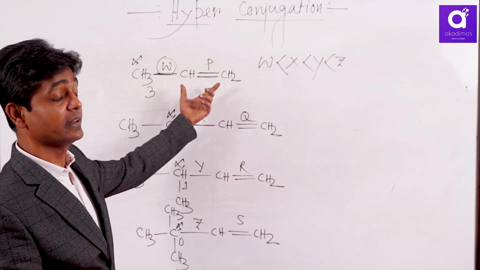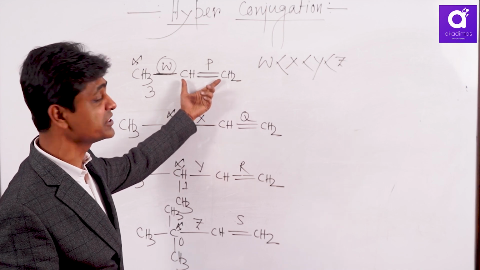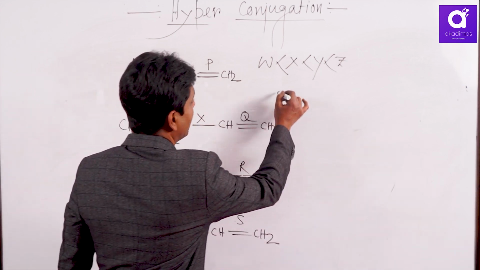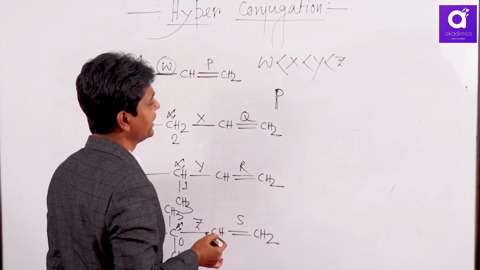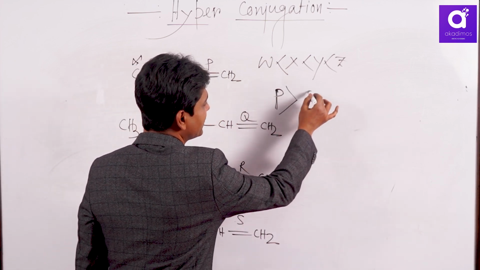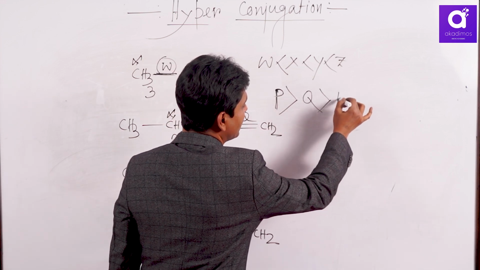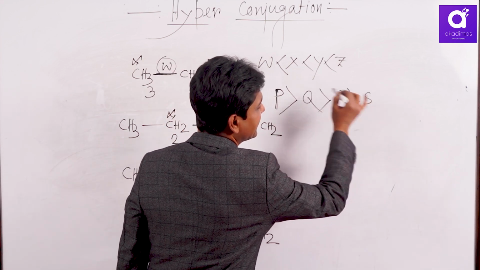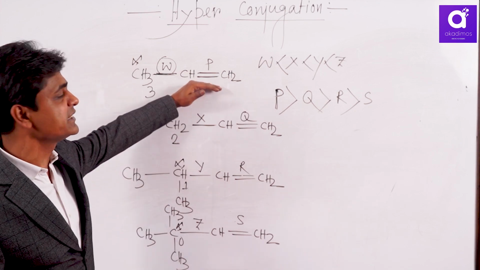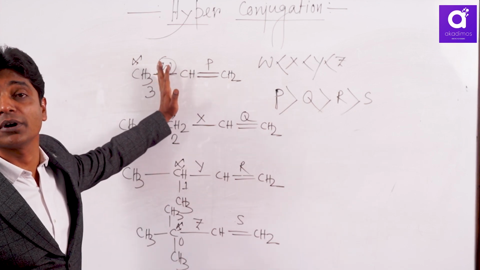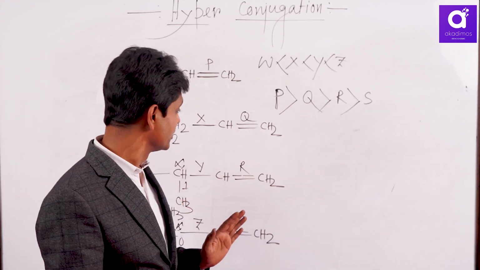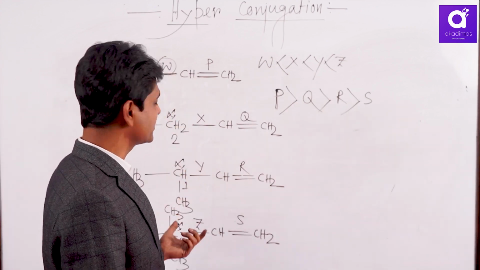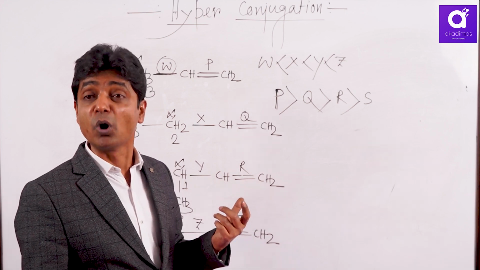That means the maximum increase is in P. So the order of length is P greater than Q greater than R greater than S, since the increase is maximum with 3 hyperconjugations. Hyperconjugation always helps you get the actual order of bond length.